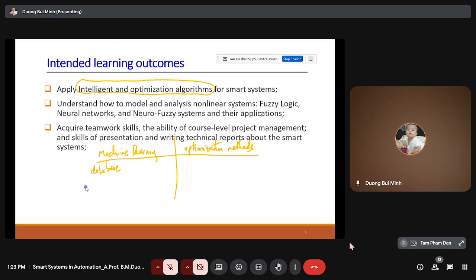If you get more, more correct data, you can apply it to machine learning models like CNN, LSTM, ANN, artificial neural network, and so on. So we need the database, and we don't need any objective function.